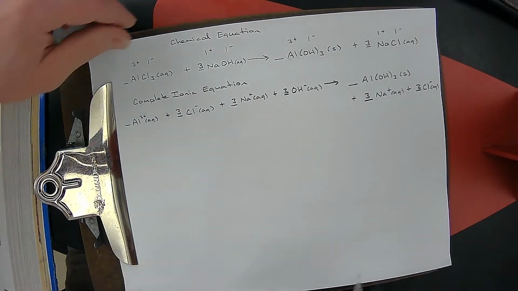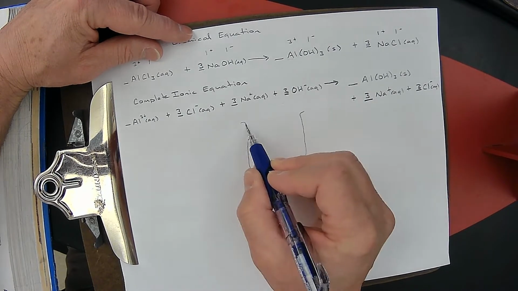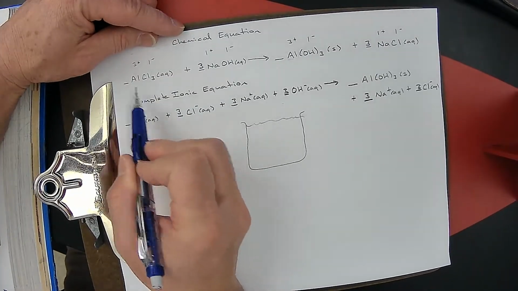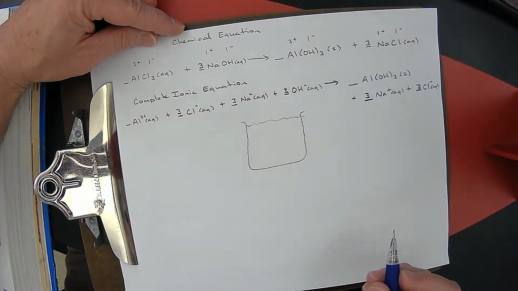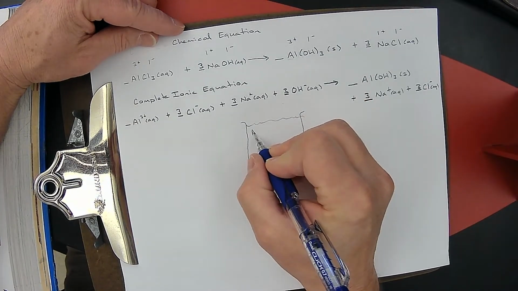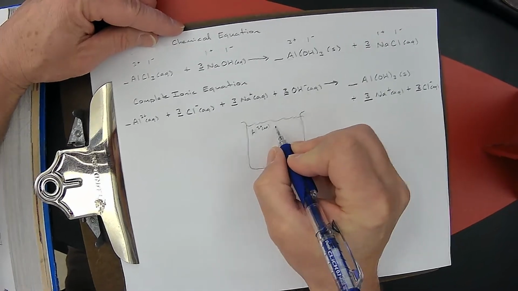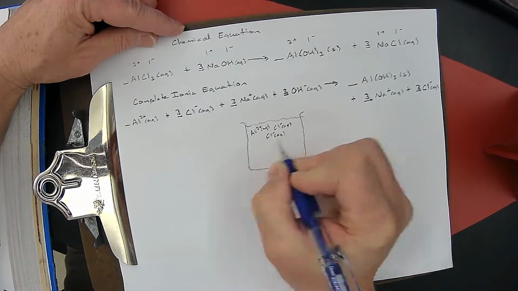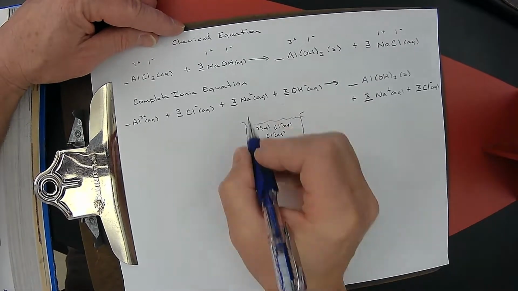So if you were looking at a beaker of water, when you took a solution of AlCl3 and poured it in, and you took a solution of NaOH and poured it in, really what you would be getting is a solution with Al3+ floating around, 3 Cl minuses, a ratio of 3 Cl minuses, probably 3 billion to 1 billion.